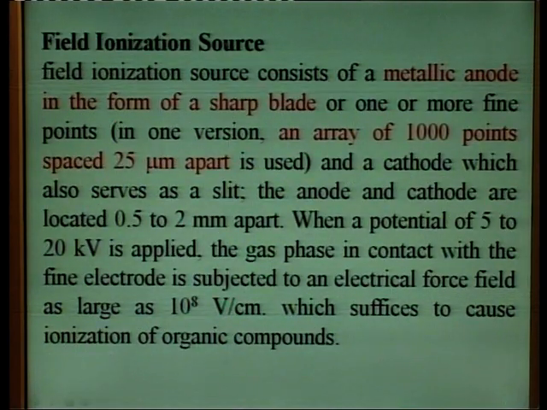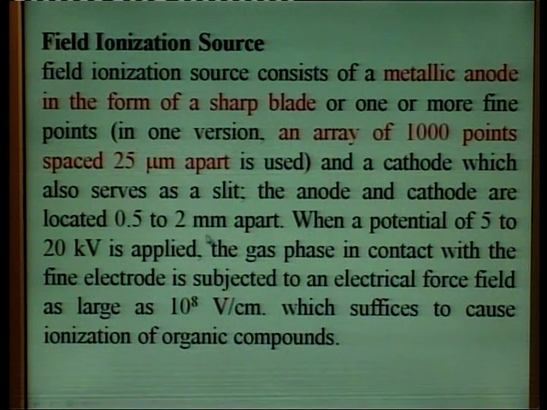Then the field ionization source, in which there is a metallic anode in the form of a sharp blade, which has an array of 1000 points spaced 20 micrometers apart, and a cathode which serves as a slit.